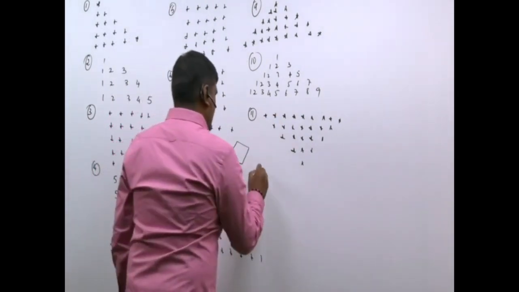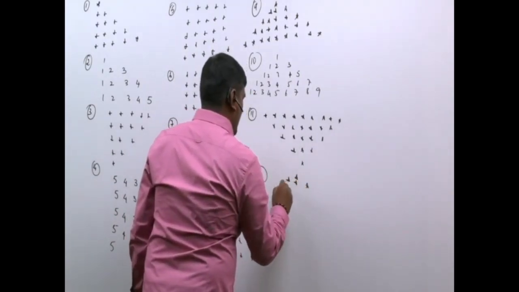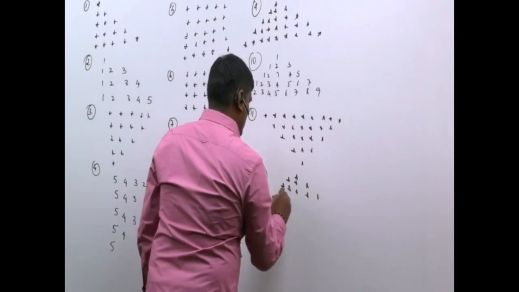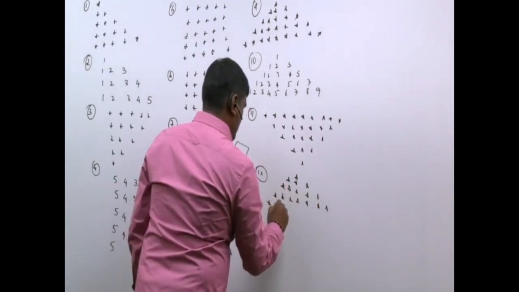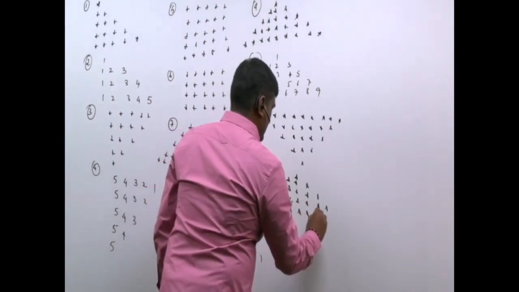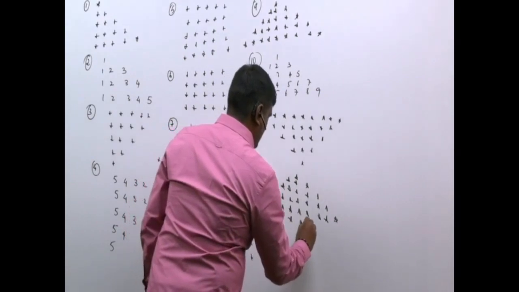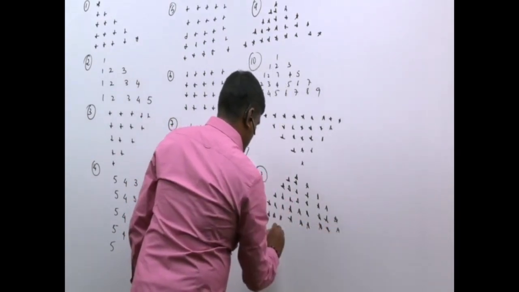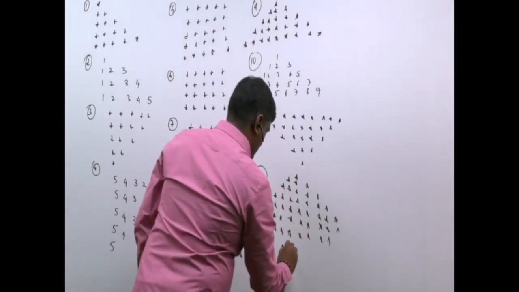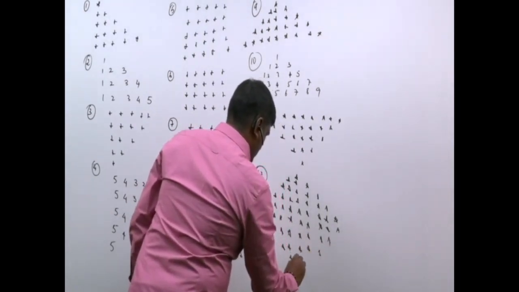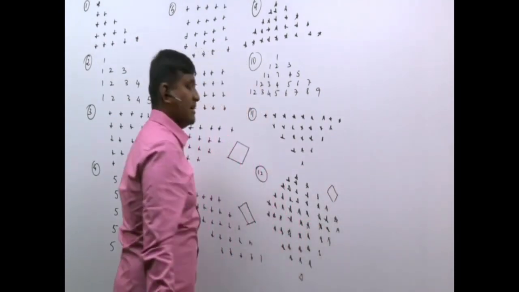Not only that, they may ask to display a rhombus or diamond like this. They want one pattern which displays a diamond. See here, this looks something like this, rhombus or diamond.